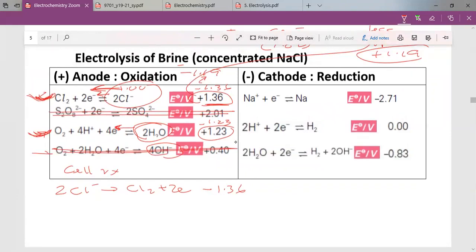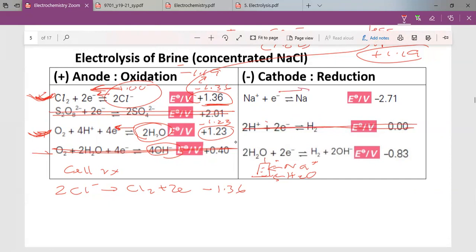So remember, if this is a cathode here, negative, electrons here. So your Na plus comes to here, and the water. Remember, water only, you don't consider this because it is neutral. Okay, so which is easier to be discharged?